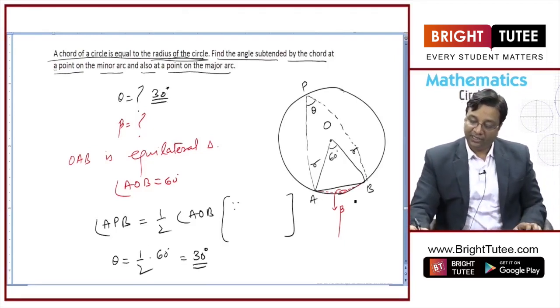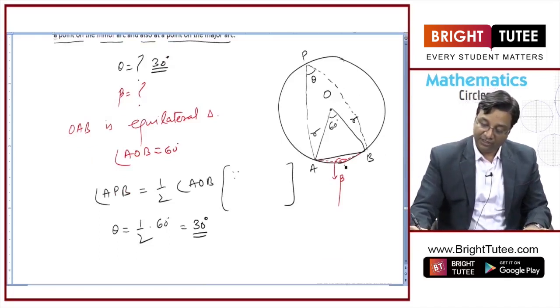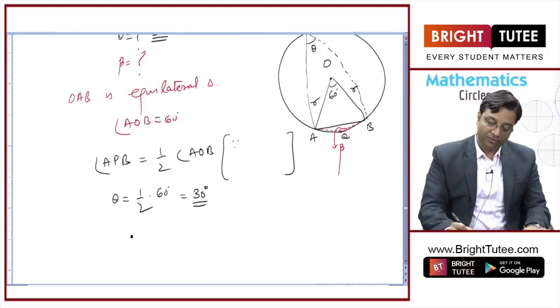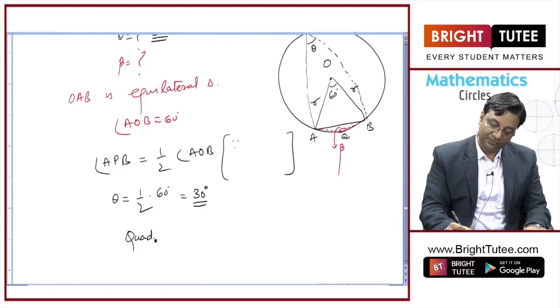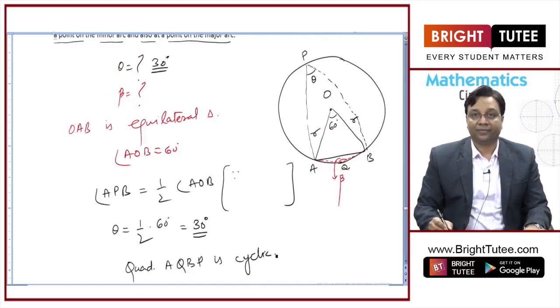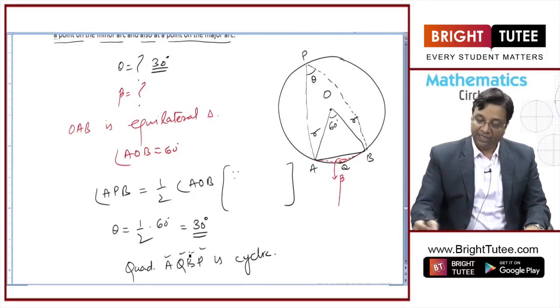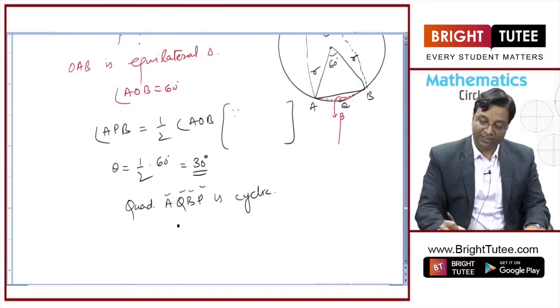Now I need to find angle beta. So if I name this point as Q, I know quadrilateral AQBP is a cyclic quadrilateral, right? Because all these vertices A, Q, B and P lie on a circle. So angle beta and angle theta are supplementary.